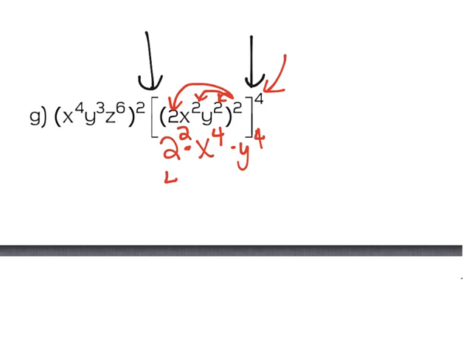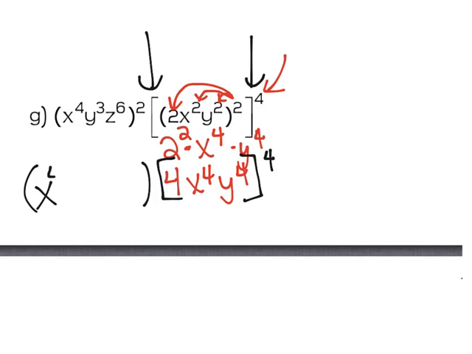And 2 squared is 4, x to the 4th, y to the 4th. And that's all raised to the 4th power. So again, we'll need to go ahead and distribute the 4 now, as well as in the front parentheses, we have to distribute the 2.